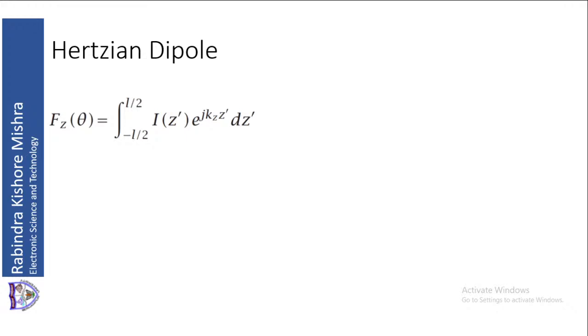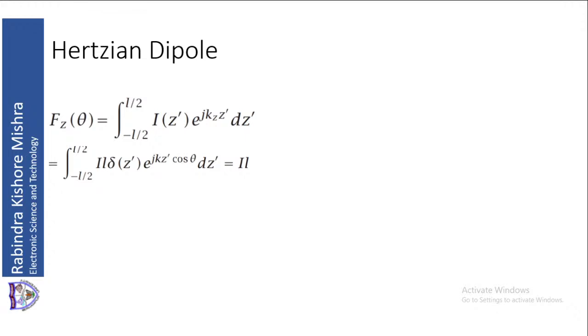Now for the Hertzian dipole, Fz is equal to the integral from minus L by 2 to L by 2 of Iz dash exponential jkz z dash dz dash, an expression we have already seen. Now what is Iz dash for a Hertzian dipole? We have seen the different current distributions for the linear antenna. Iz dash is IL delta z.